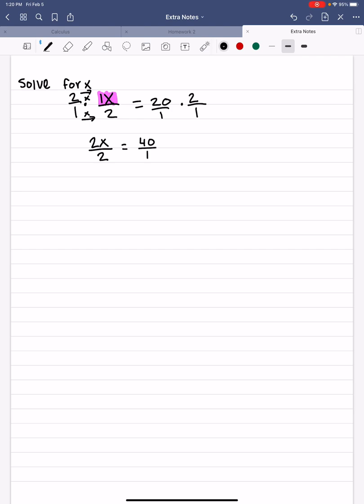And when we do that, this 2 over 2 actually simplifies, right? And it's a whole. That's one whole. So we have 1x equals 40 over 1, which is simplified down to 40. So remember, this is the same thing as this. We just put that 1 there so we can visualize and see what the value of that is. So now we have x equals 40.